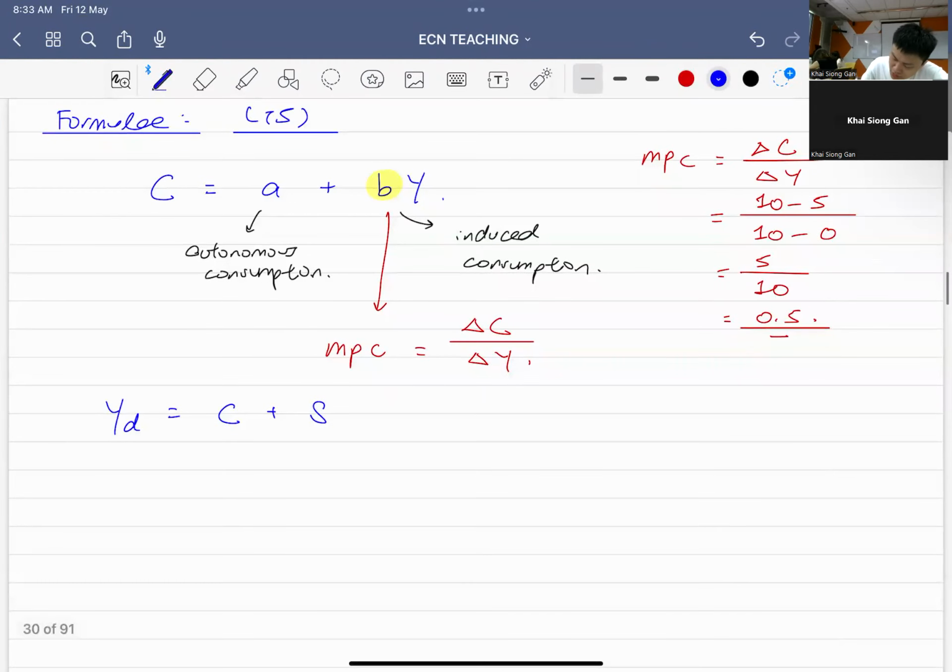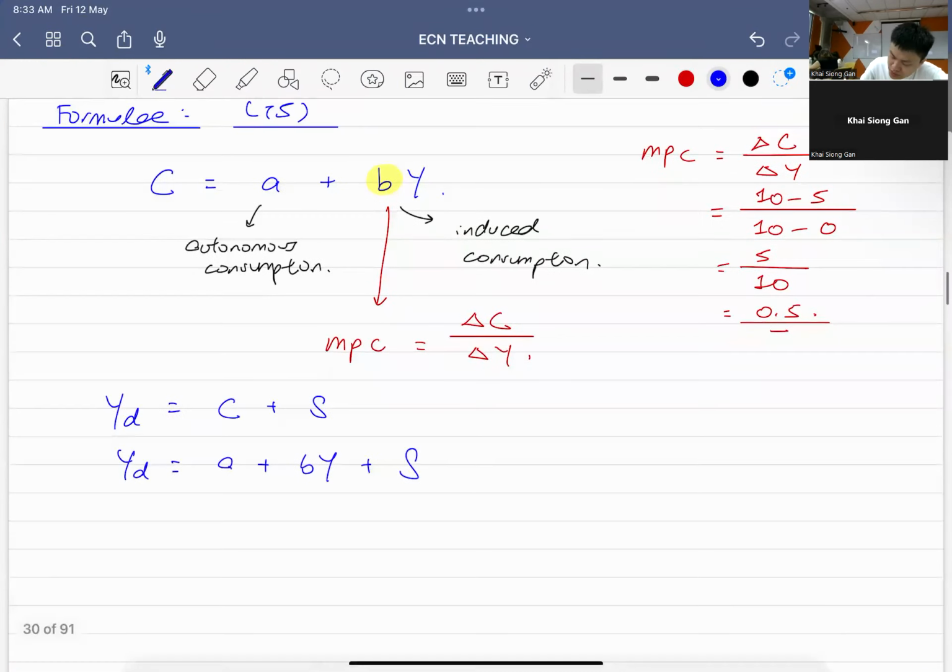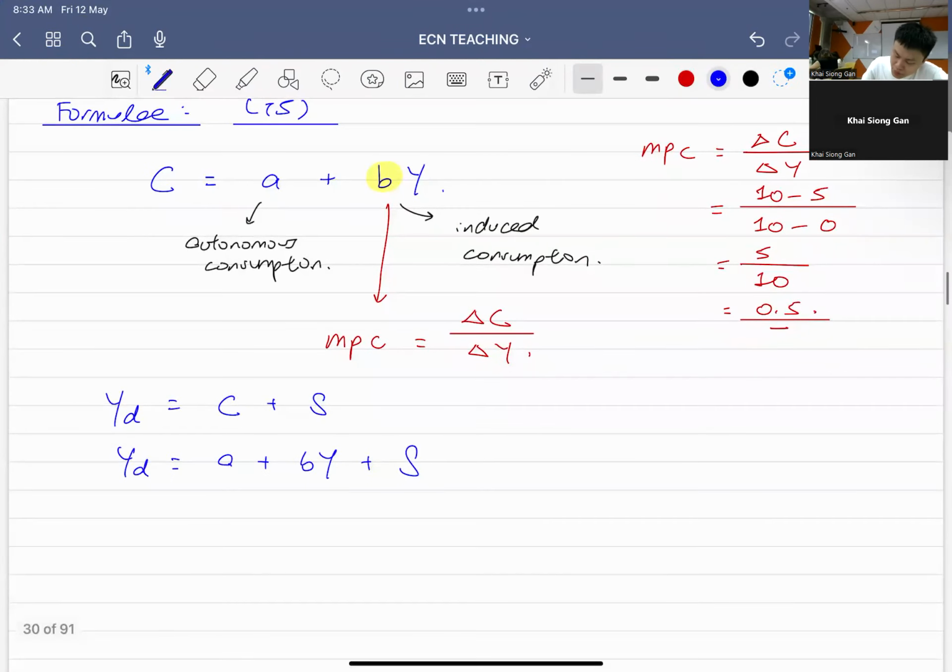Now I know my consumption function already, so I can rewrite it as A plus BY, plus S, because that's my consumption function over here. So I put that function in. Now if I were to find my saving function, I can move around the term YD, or Y as I put it, the disposable income, minus A minus BY.